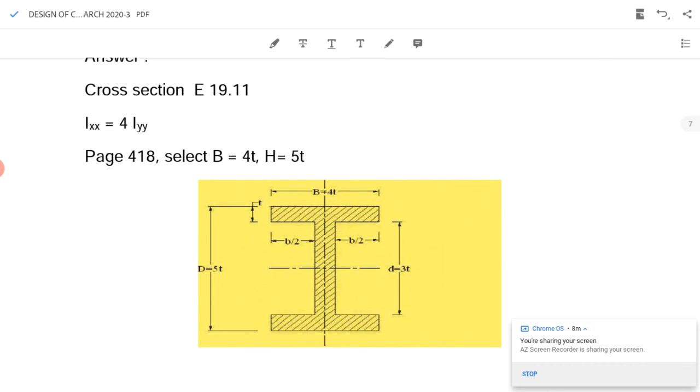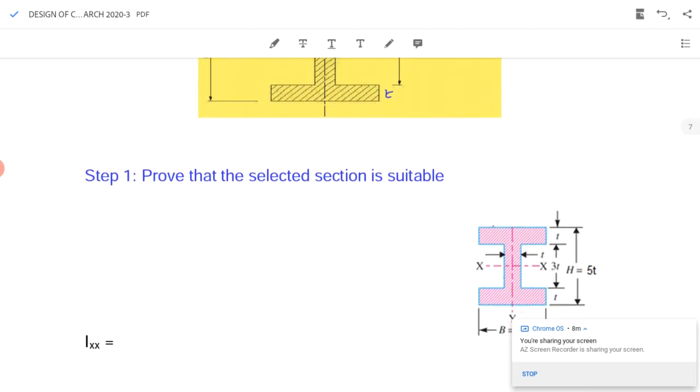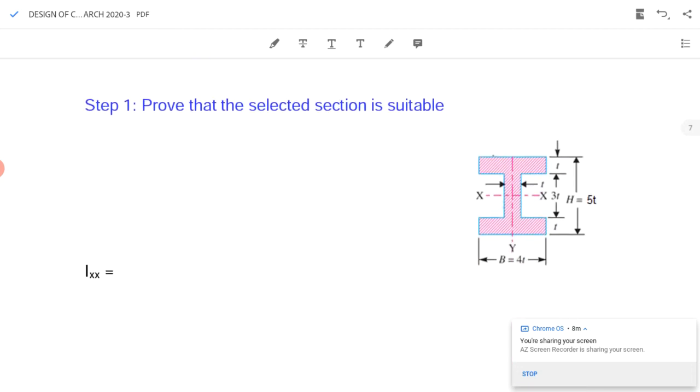Now, this is our standard cross section of depth equal to 5t and breadth equal to 4t, and all other thicknesses equal to t. We will find the value of Ixx and Iyy for this section. So, first we will find Ixx.